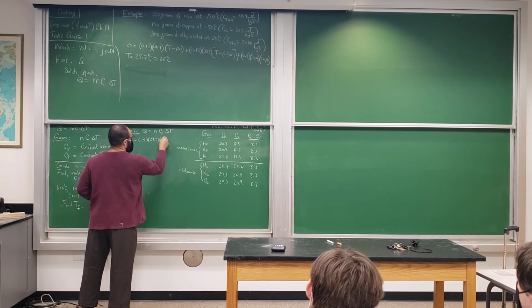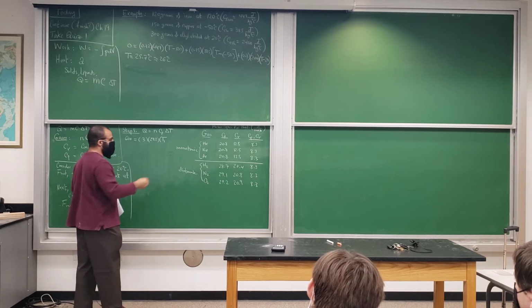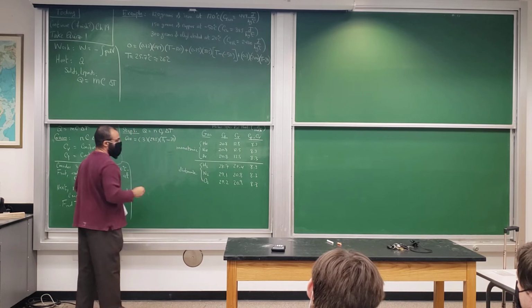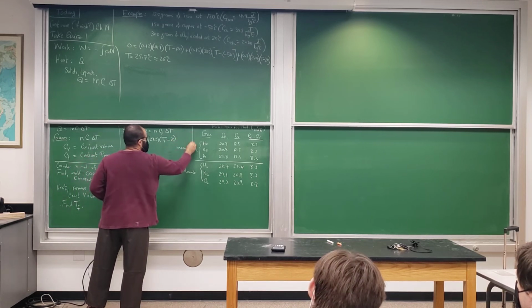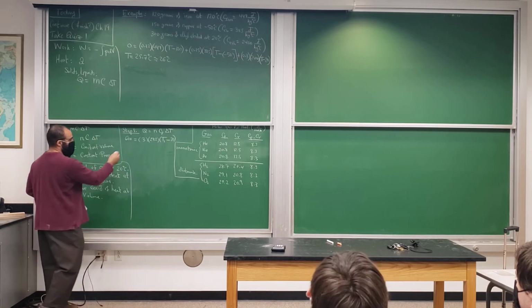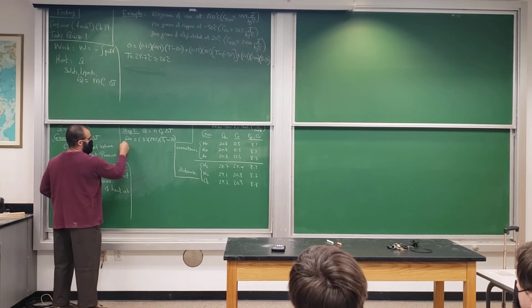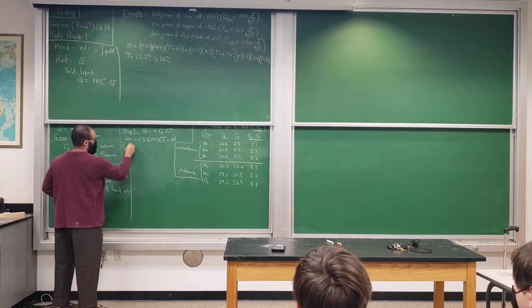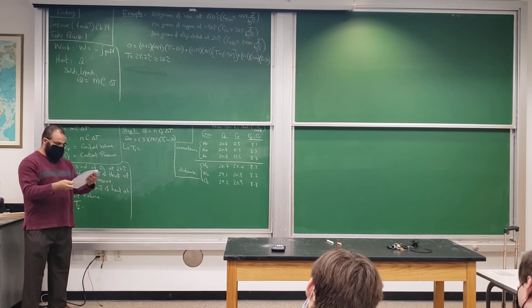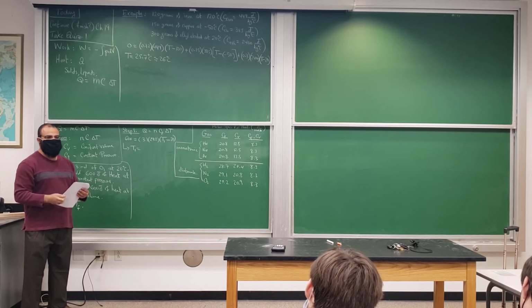Let's call the temperature at step 1 T1, minus T initial, which was 20. So let's find T1. Divide by all that and you get T1 is 26.85.